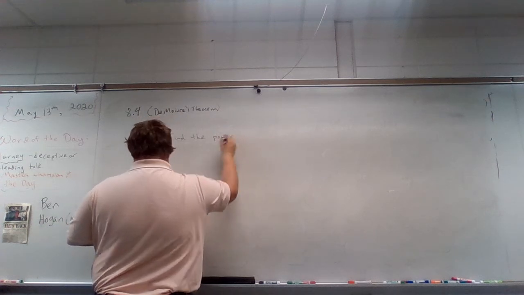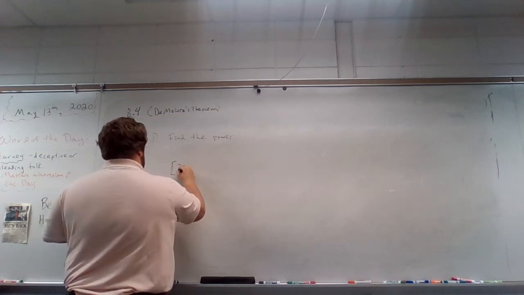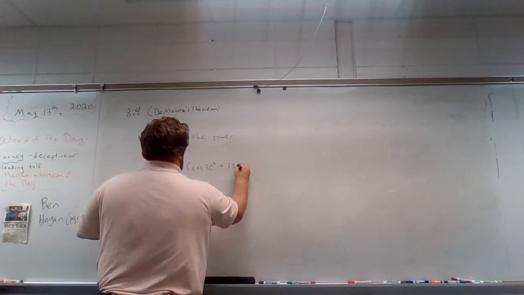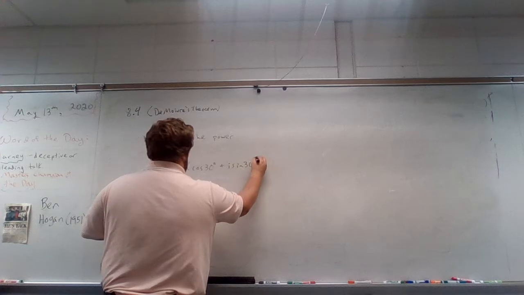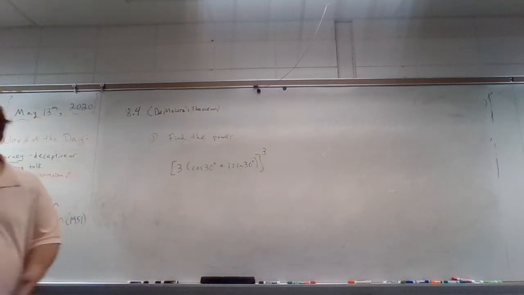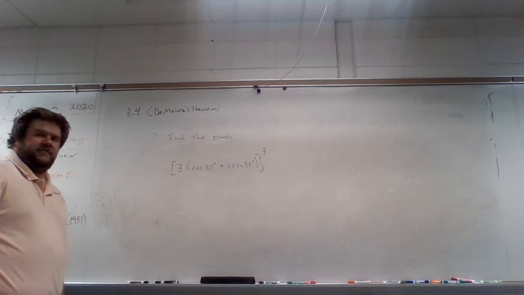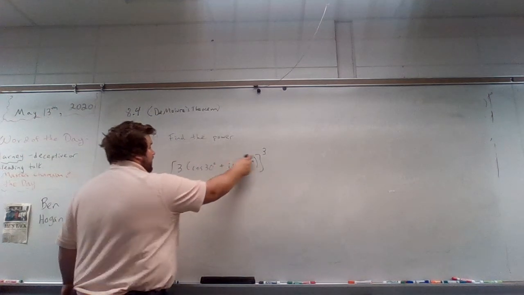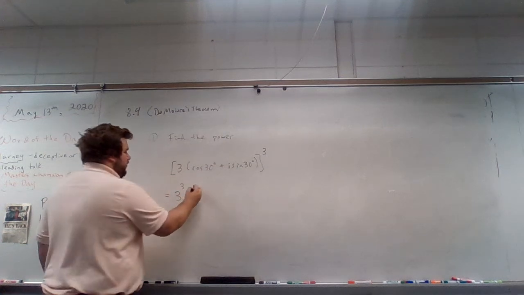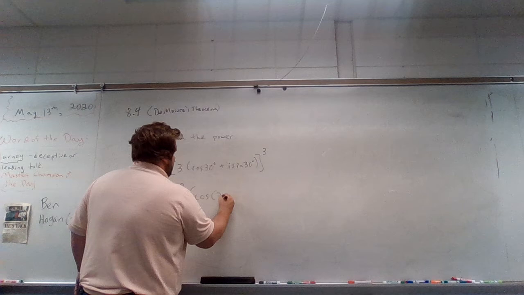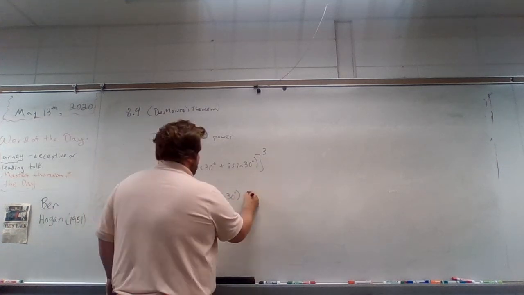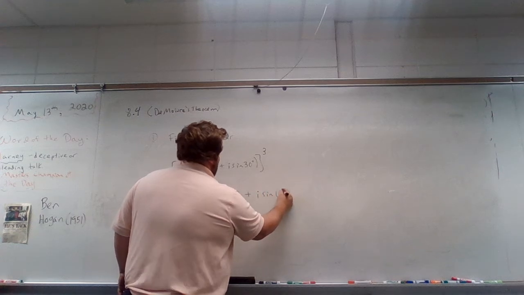So if I have something like 3 times the cosine of 30 degrees plus i times the sine of 30 degrees, and I cube it, we're asking what this is. So this is 3 to the third. And then by De Moivre's, it'd be cosine of 3 times 30 degrees, and then plus i times the sine of 3 times 30 degrees.